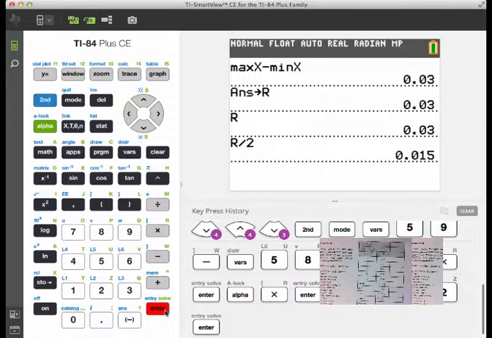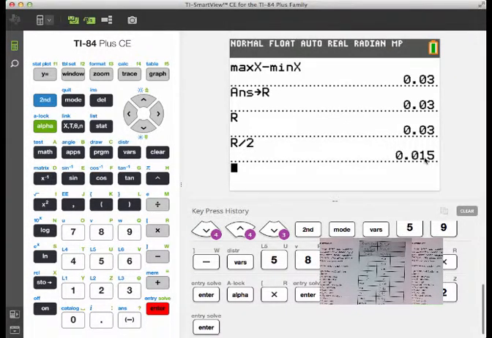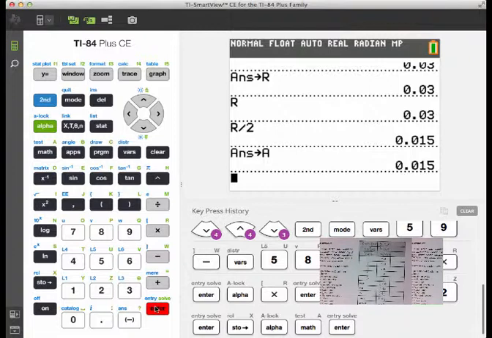Now 0.015, our data is in the hundredths place, so this 5 would cause us to round up to 0.02. For the right significant digits, we'd record 0.02. However, in the future, we may want to work with this, so we want to store this. And since this is the absolute uncertainty, maybe we would store it as A. So store alpha math, which is A. And so now we've stored that unrounded value.